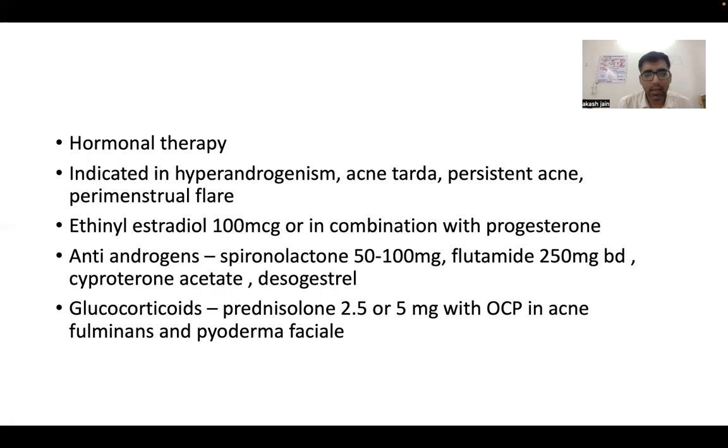Second is anti-androgens: spironolactone 50 to 100 mg daily or flutamide 50 mg daily, cyproterone acetate CPA can be used. Glucocorticoids, prednisolone 2.5 to 5 mg, with oral contraceptive pills, in acne fulminans and pyoderma faciale.